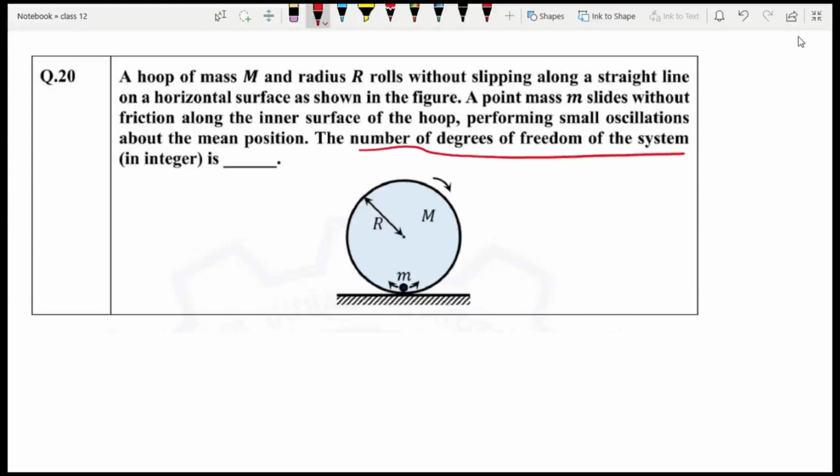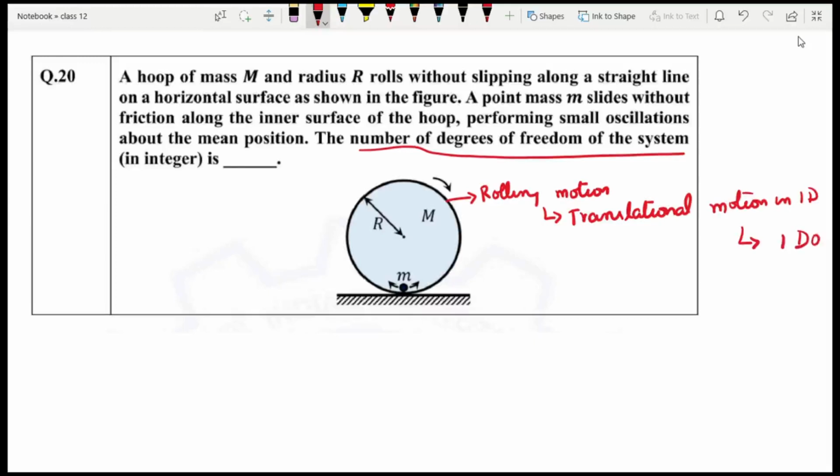Okay, here this mass is having a rolling motion, right? So this capital M mass is having a rolling motion. In case of rolling motion, it has a translational motion in one dimension. So this corresponds to 1 degree of freedom.